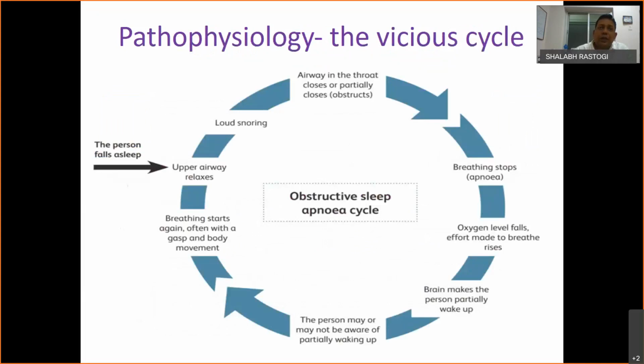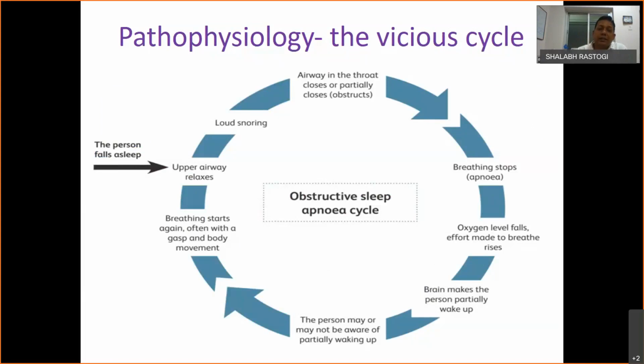So what happens after that? The oxygen saturation decreases, which stimulates the chemoreceptors and awakens the brain. Then the patient awakes and the muscle tone increases and he clears up the throat and oxygen again starts flowing. Air exchange happens and the patient then goes back to sleep.